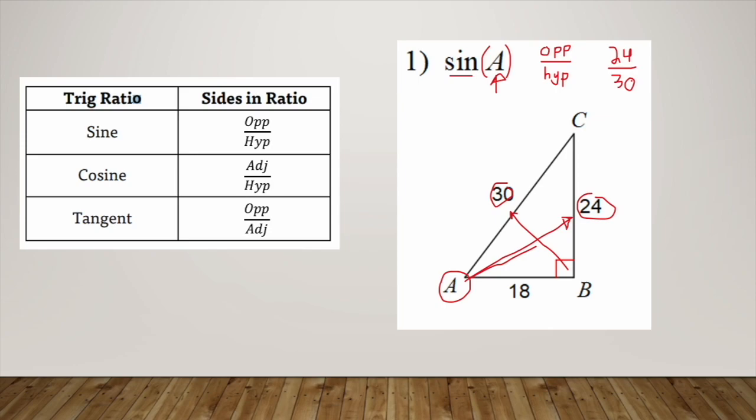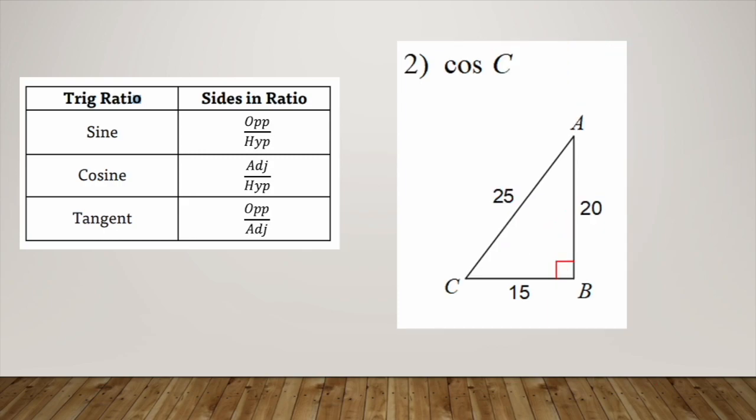The last thing you have to do for this, though, is simplify fractions. So 24 and 30 are both divisible by 6. When you divide them both by 6, you get 4 over 5. So the sine of angle A is 4/5. The next problem asks us to do the cosine of angle C. So we find angle C, which is down here.